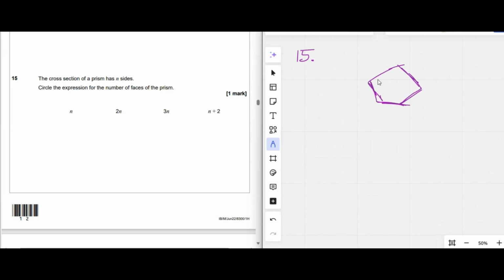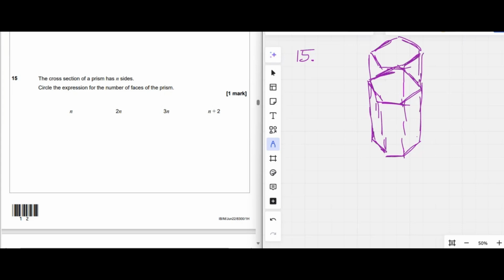If it's a cross-section, it means that it will look something like that. Can you see it?